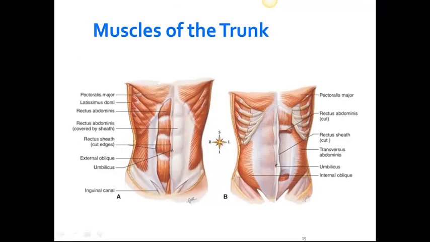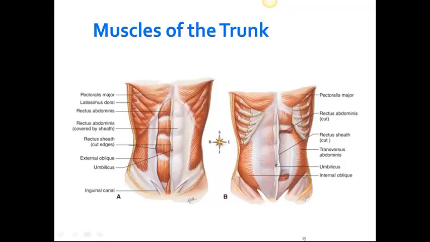Muscles of the trunk. There are several muscles of the trunk, and as you can see, there's the obliques on the side. And in A here, this is the outer portion of the musculature group.